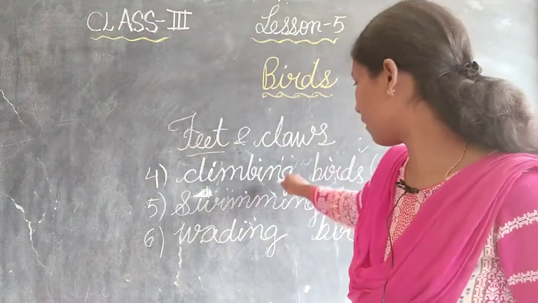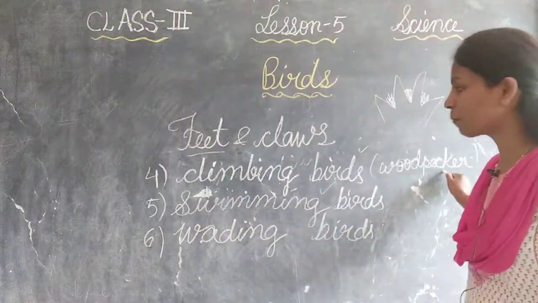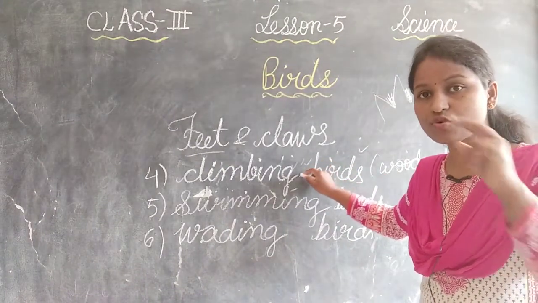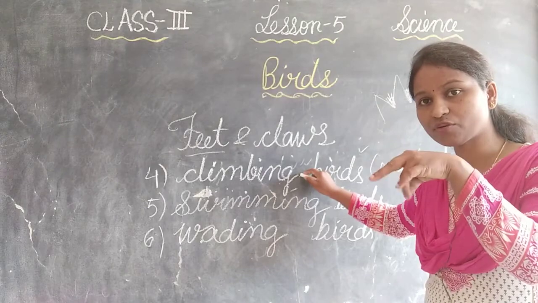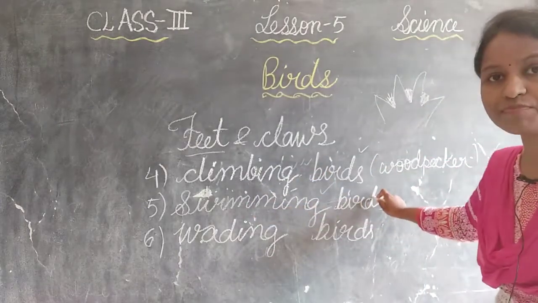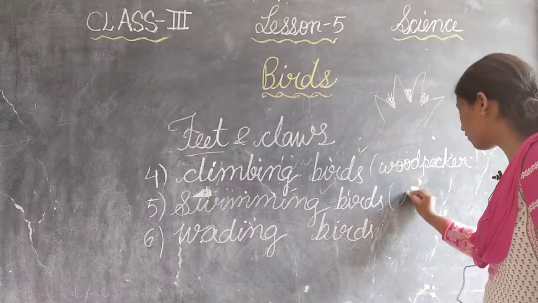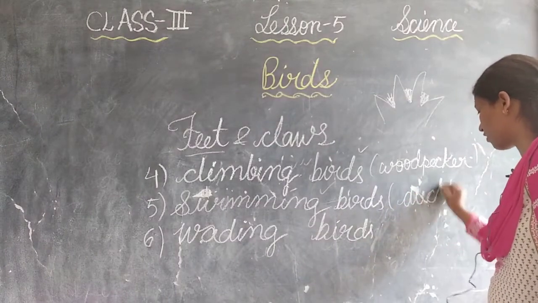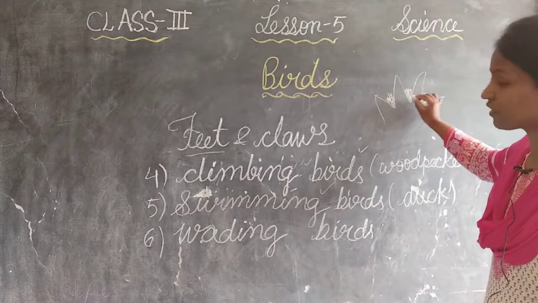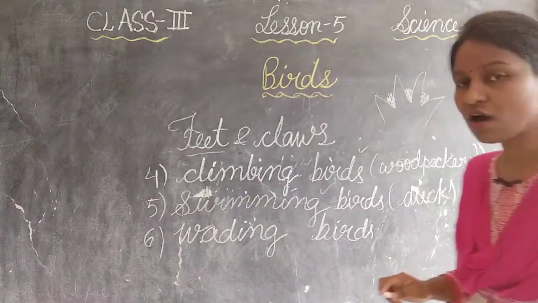Next is climbing birds like the woodpecker, with 2 toes at the front and 2 toes at the back. Swimming birds have webbed feet, like the duck, and the skin present between the toes helps them swim in the water.